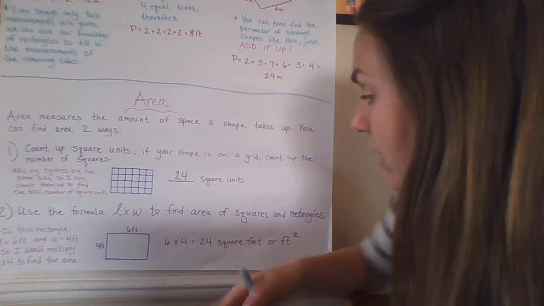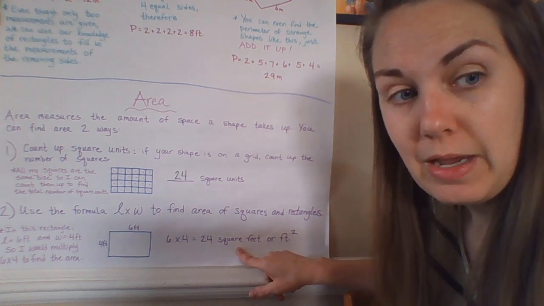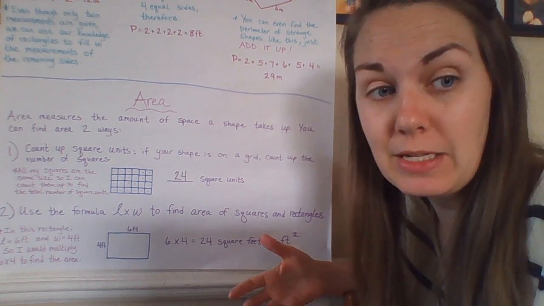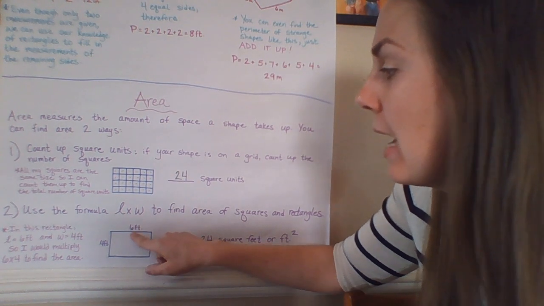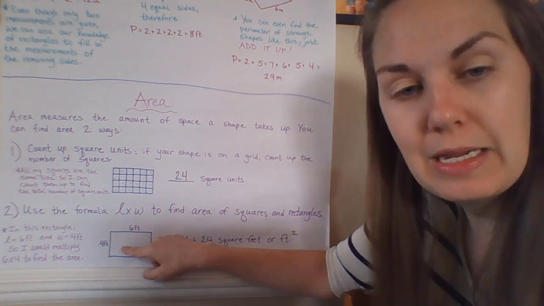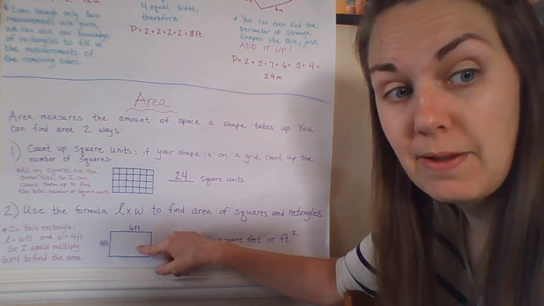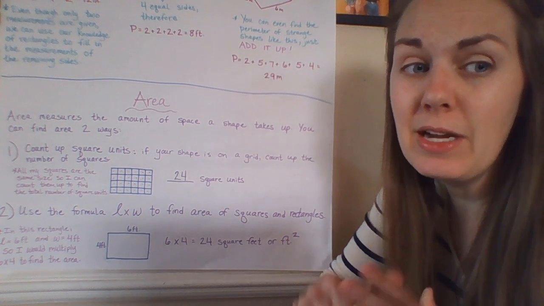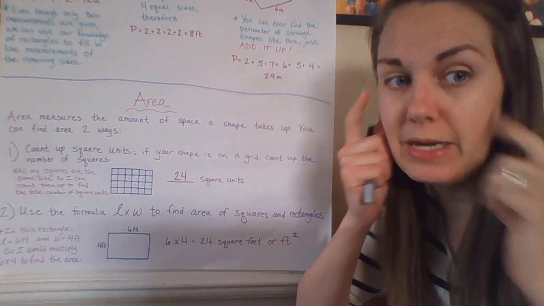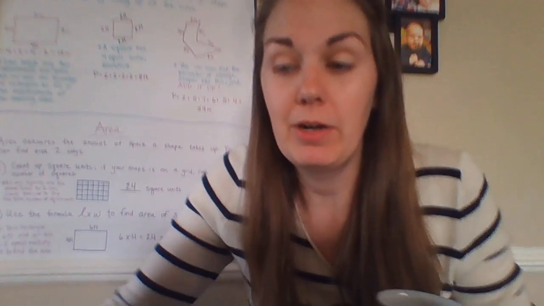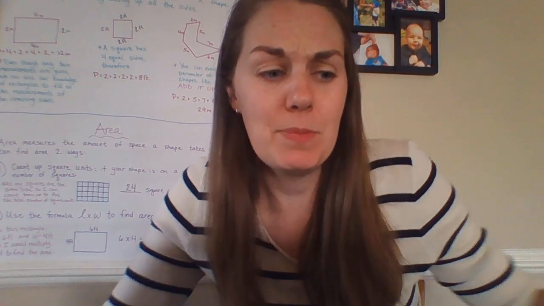So that's why we think of area as being in square feet rather than feet, because it's counting how many squares it takes up to fill that space. Okay, so that's kind of an overview of perimeter and area, and hopefully that's getting your brain kind of back into the groove of what area and perimeter are, the difference between the two.